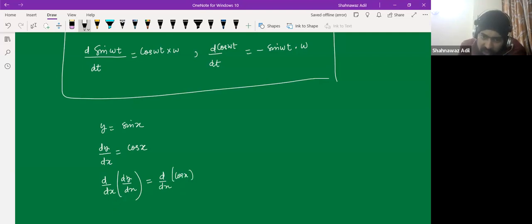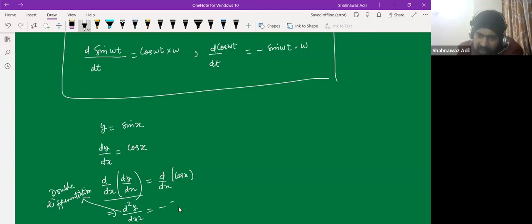This is called double differentiation. It is represented by d square y by dx square. So this is double differentiation, meaning that we are doing the differentiation two times. So what is the differentiation of cos x? Cos x gives minus sin x, right?